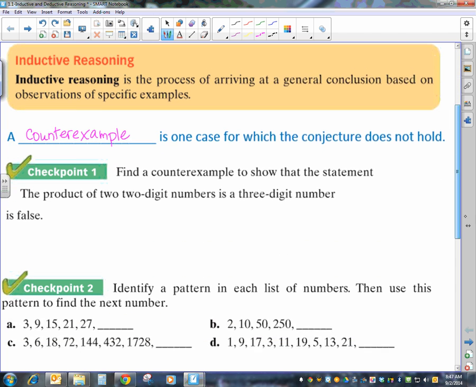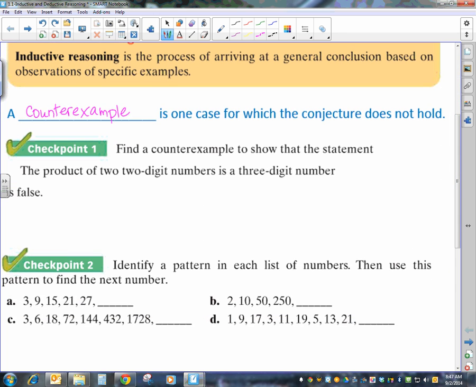For example, find a counterexample to show that the statement, the product of two two-digit numbers is a three-digit number, is false. So you might go through and say, well, 10 times 10 is 100. That's a three-digit number. 20 times 20 is 400. That's a three-digit number. Let's go higher.